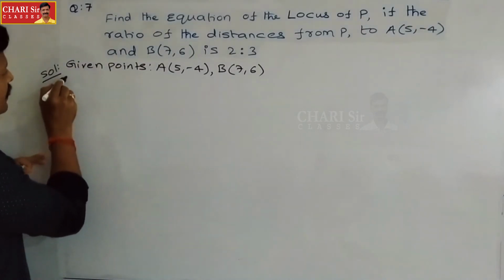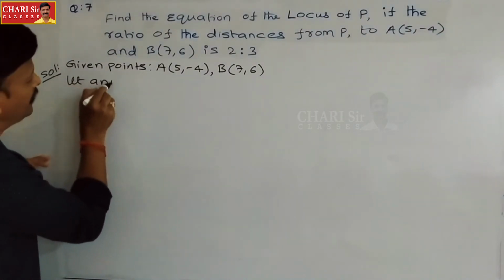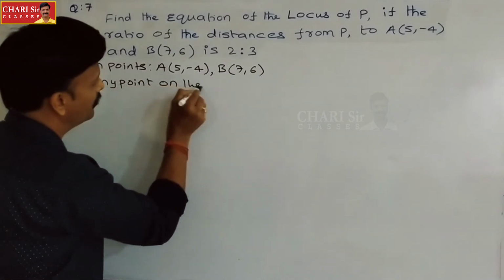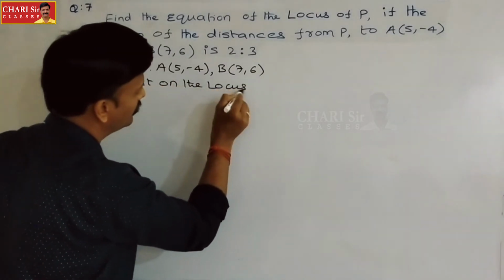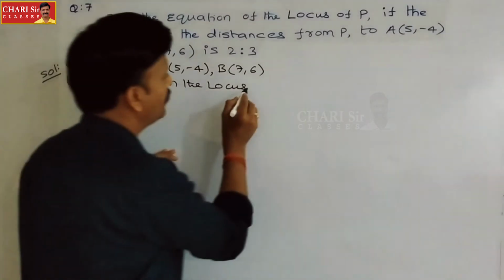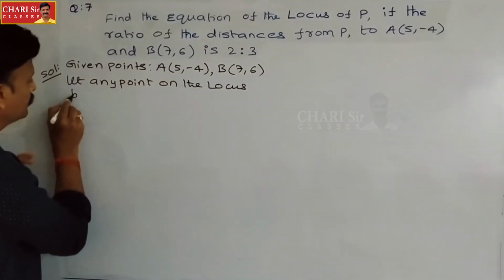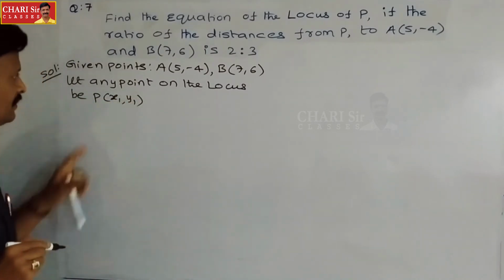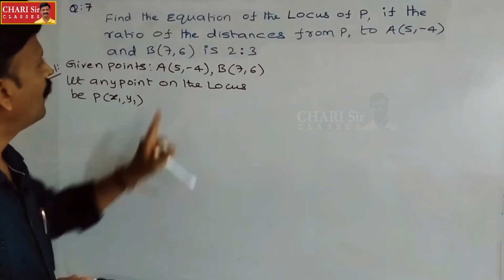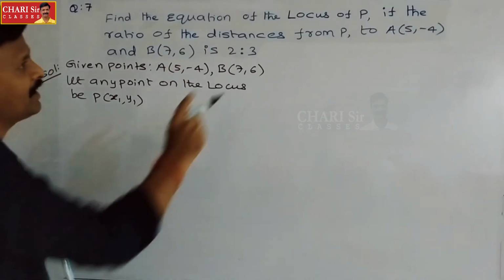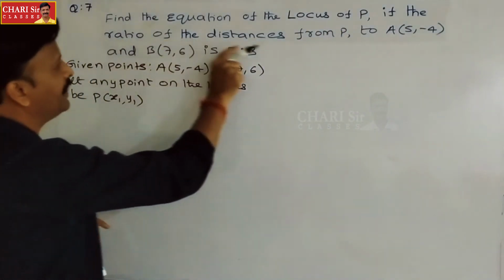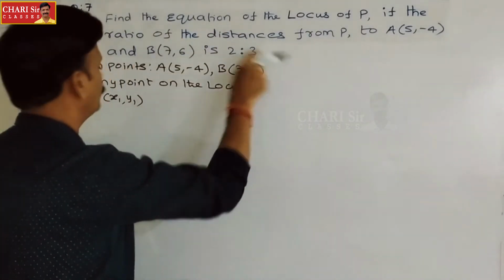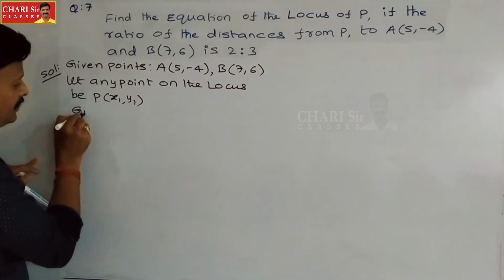Let's consider that any point on the locus be P(x1, y1). This is any point on the locus. Now what is the given condition? The given condition is that the ratio of the distances from P to A and B is 2:3. That is the given condition.